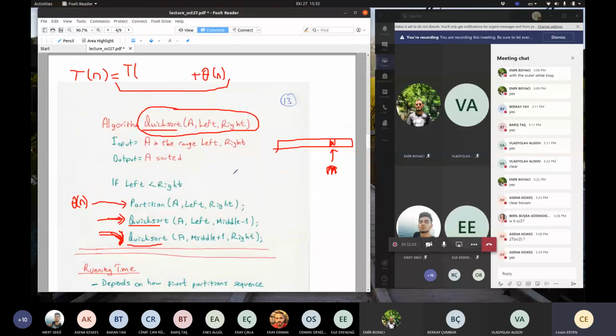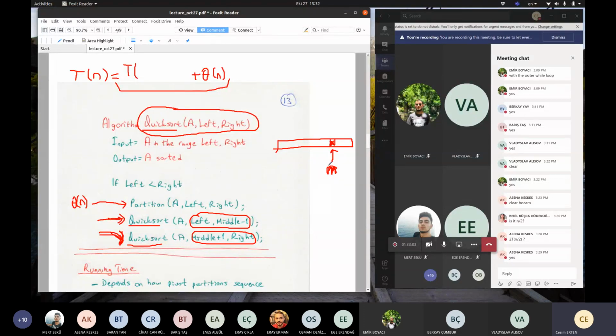Which means that the number of elements that each quicksort call works on depends exactly on the value of this index m, the correct position of the pivot value. So let's write down this recurrence by parameterizing that middle index with m.